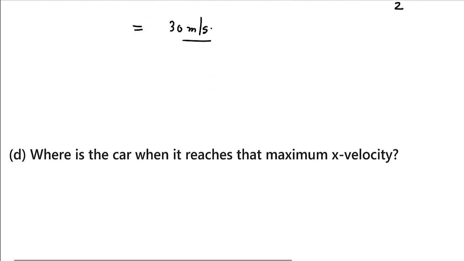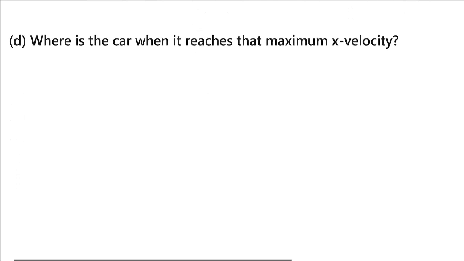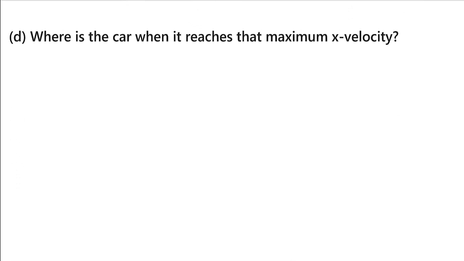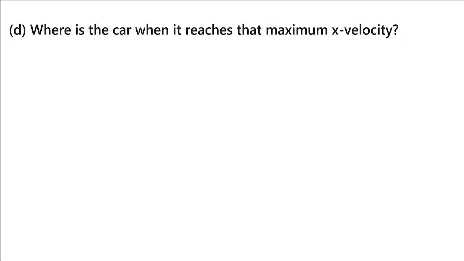Now the next part of the question says, where is the car when it reaches its maximum x velocity? So we have to find the x position when it reaches the maximum velocity, and you remember that the maximum happens at t equals 20 seconds. So I have to calculate x at time 20 seconds. We have the expression for the x coordinate, that is x2.